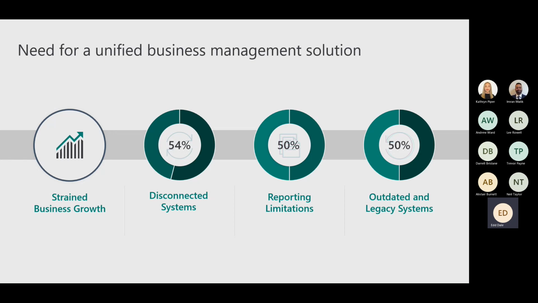We see that 54% of organizations struggle with processes and system integration issues. 50% of organizations think creation and configuration of reports is just way too complicated. And 50% of organizations want to replace outdated hardware and software to improve business performance. So from the surveys and statistics, there is a desire out there for organizations to improve the way they're doing things.